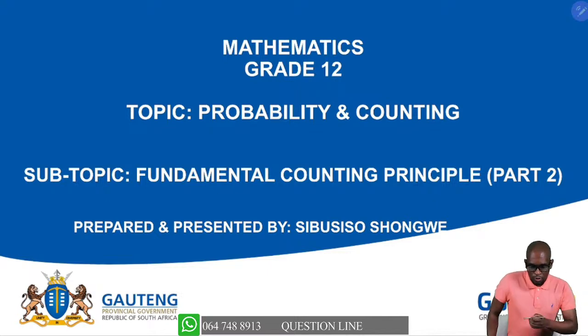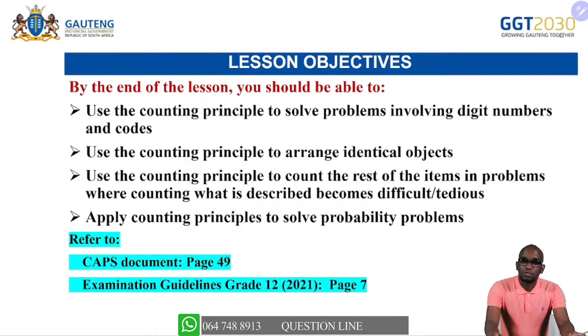We look at the fundamental counting principle. Our lesson objectives for today: we should be able to use the fundamental counting principle to solve problems involving digit numbers and codes. We should be able to use the counting principle to arrange identical objects.